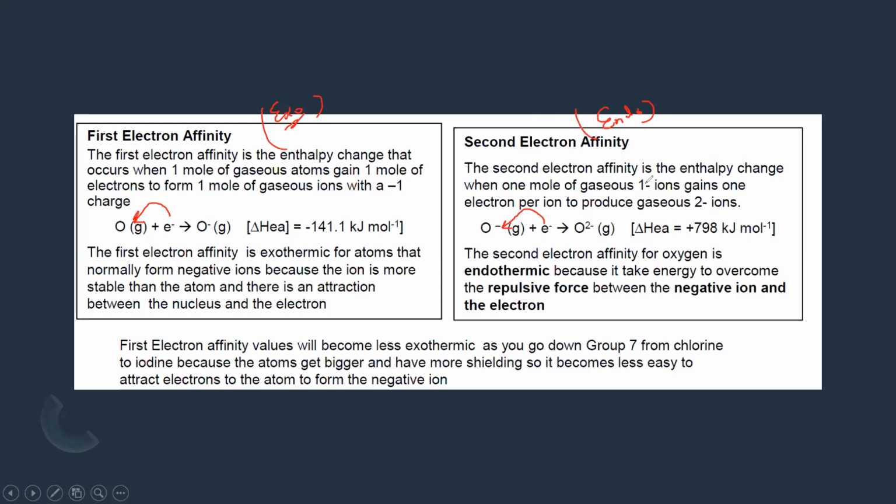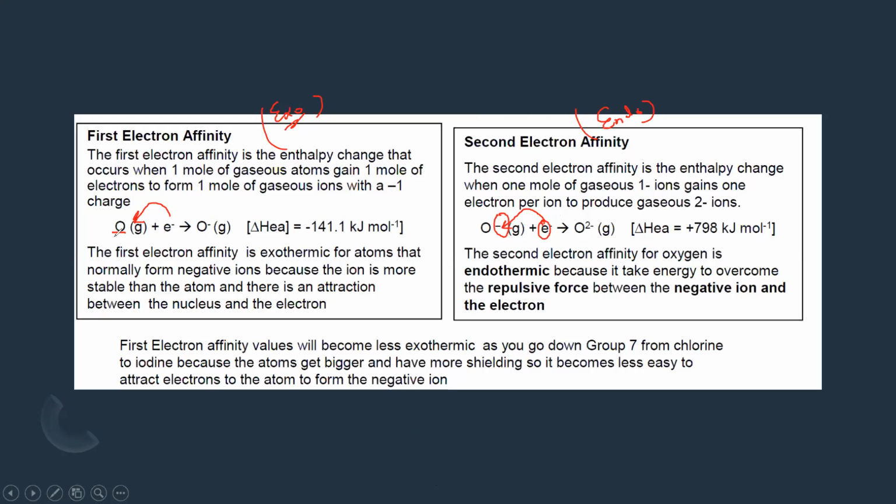What is the reason for that? Because there is already a negative charge on this ion, and the electron is also negative, and like charges repel each other. So as the like charges repel, we have to supply energy so that the electron can be added or come closer to this negative ion.